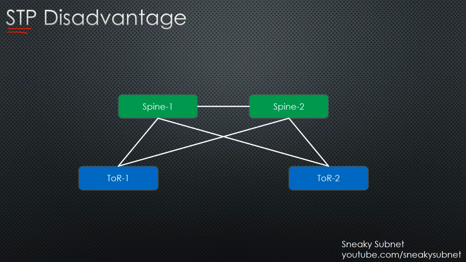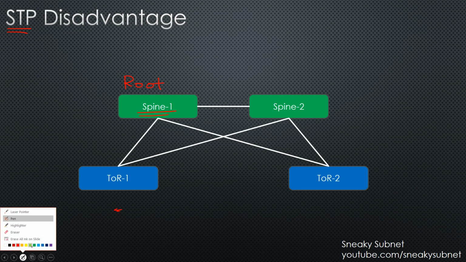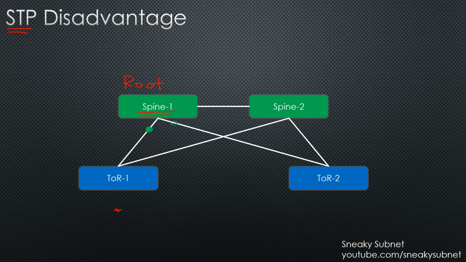we will choose one of the spine switches as a root, and it will be basically an administrative decision. You as a network engineer will say that spine 1 will be our STP root. This guy will have all its ports in forwarding state, and all other switches will have to choose a root port.